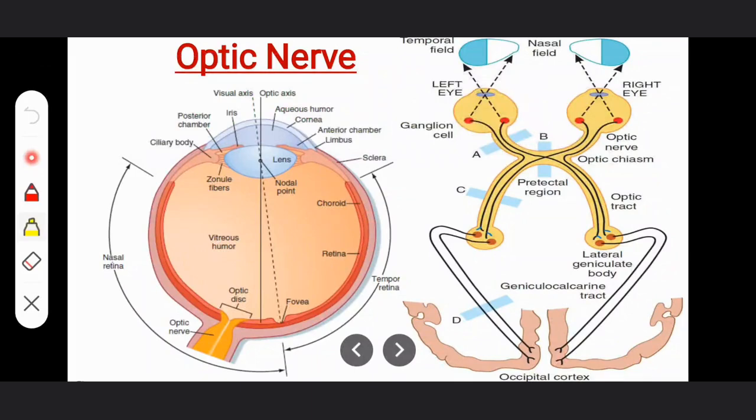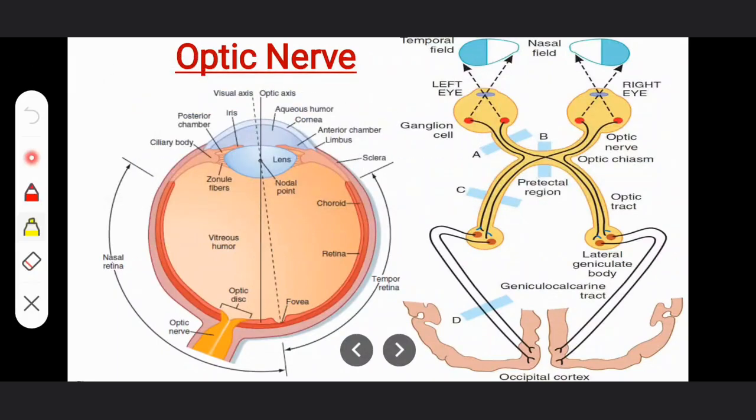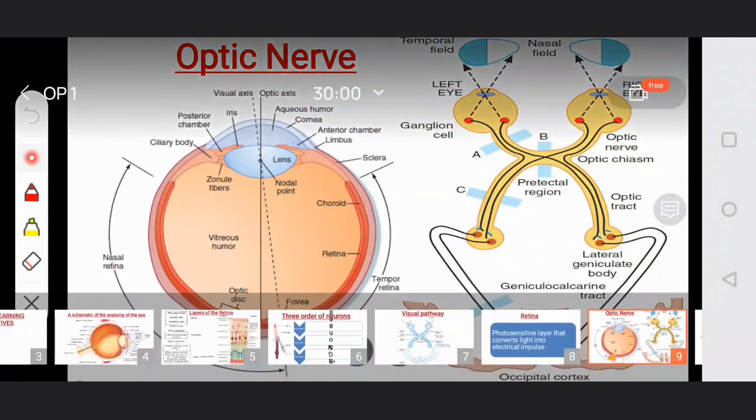The fibers from the nasal part of the retina are present in the medial half of the nerve and carry the impulses from the temporal field of the same eye. That is the difference between the fibers carrying information from the temporal field and the nasal field of the eye.